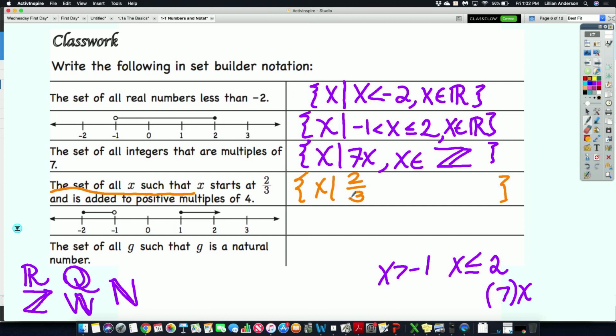And is added to, added means plus positive multiples of 4. Now this you have to be careful about. You have multiples of 4 just like before, just like the previous one where you have multiples of 7, okay? But it's only positive multiples of 4.